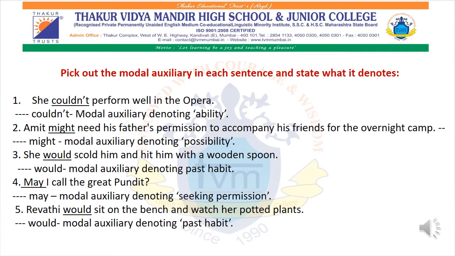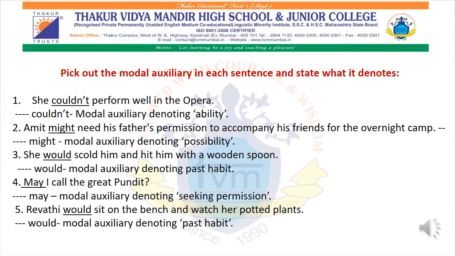So when is could not used? Think for a second. When is the word could used? It can be used for polite request. It also tells about the ability in the past, ability of a person. So could not is a modal auxiliary denoting ability.